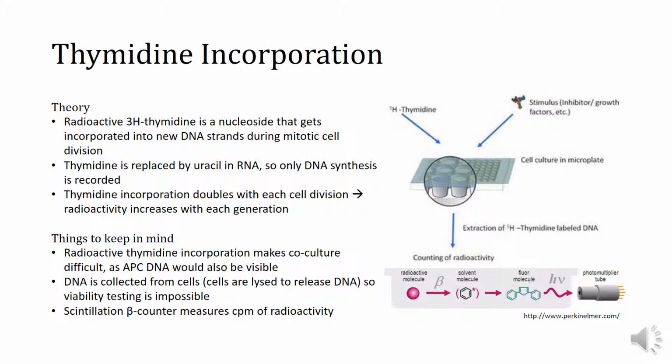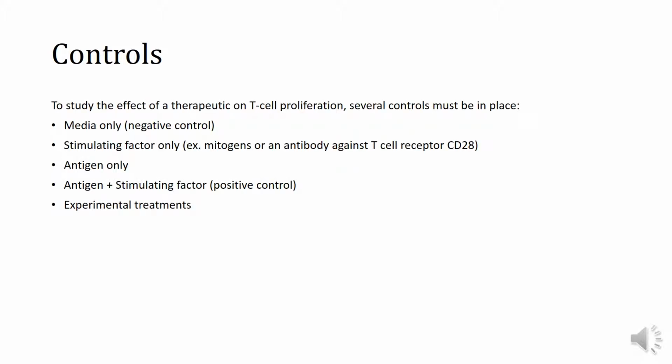To measure the radioactivity from the thymidine, a scintillation beta counter, which measures the counts per minute of radioactivity, is utilized. Like CFSE, thymidine incorporation techniques also require a set of controls.